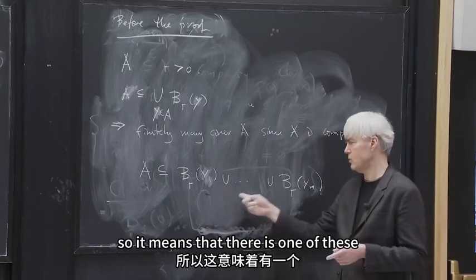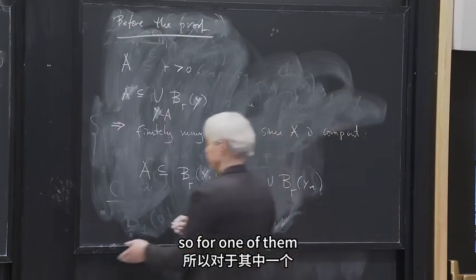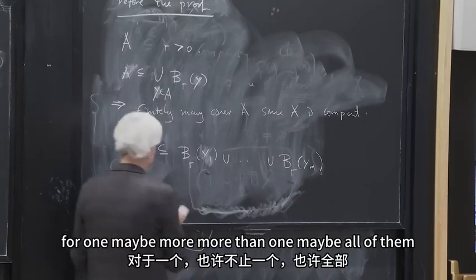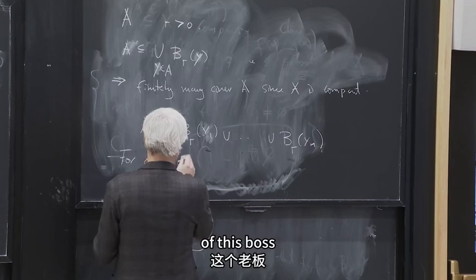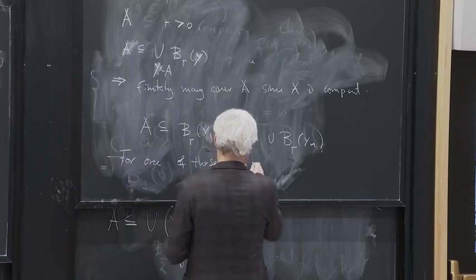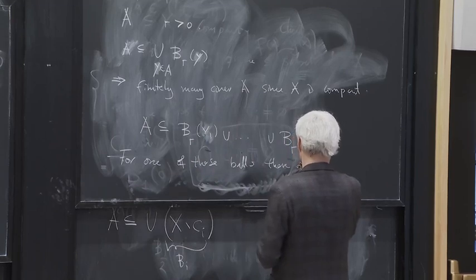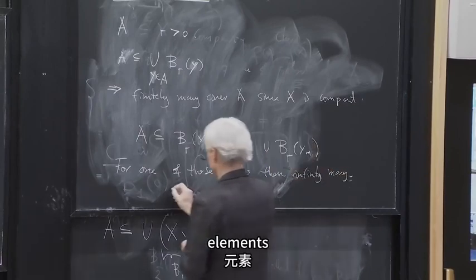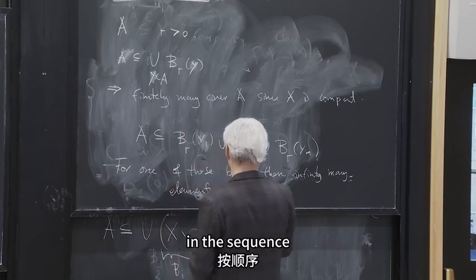So it means that for one of these finitely many balls, maybe more than one, maybe all of them, but at least for one of these balls, there are infinitely many elements in the sequence.